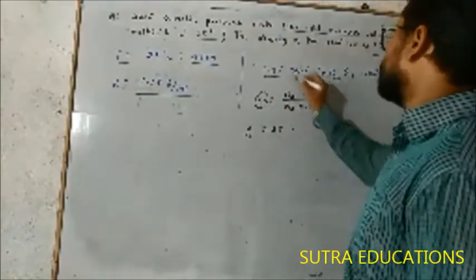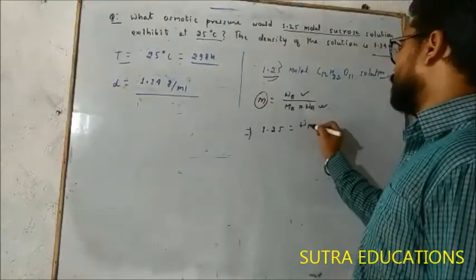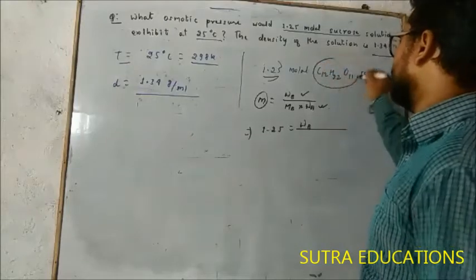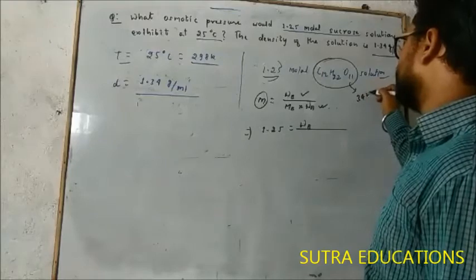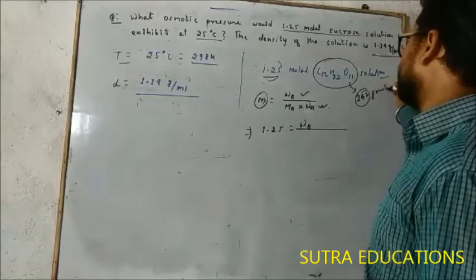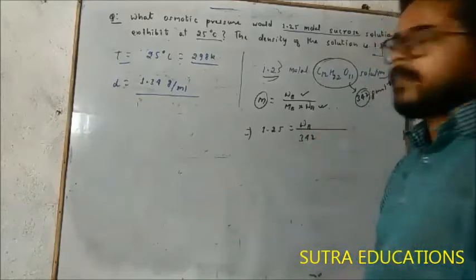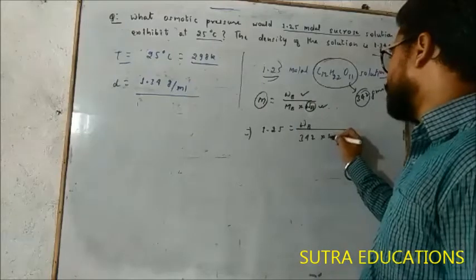WB we don't know, so write here WB upon MB. We know MB, this is sucrose, so its MB will be 342 gram mole inverse. So write it here 342. This WA, mass of solvent in kg, is 1 kg.